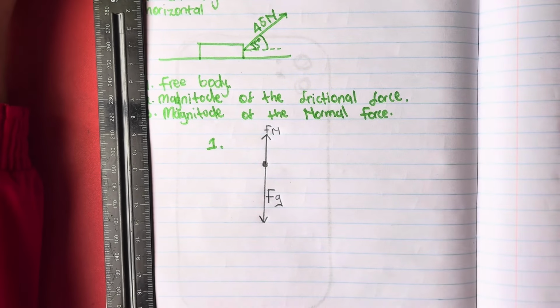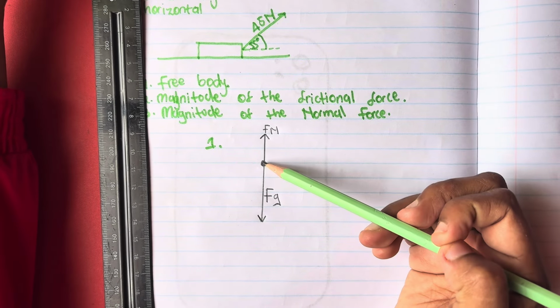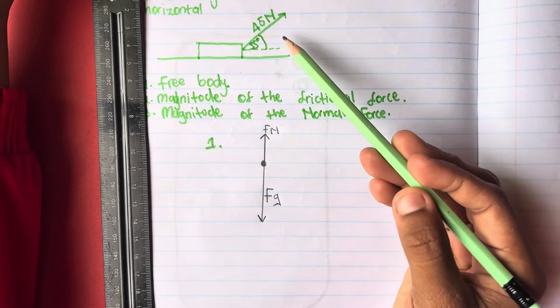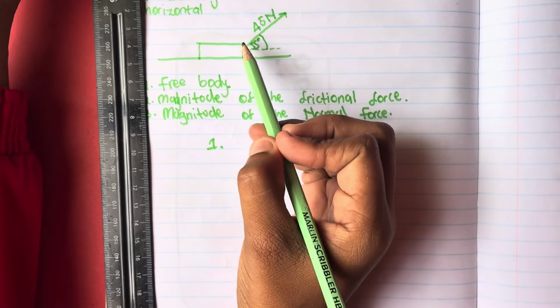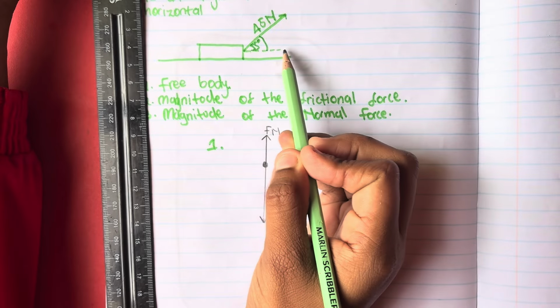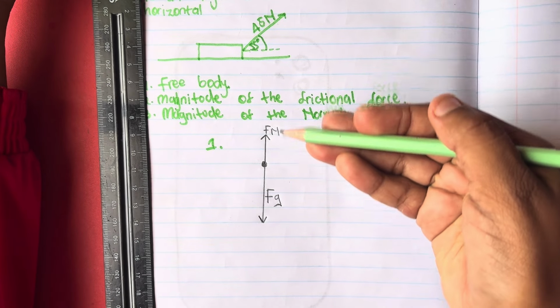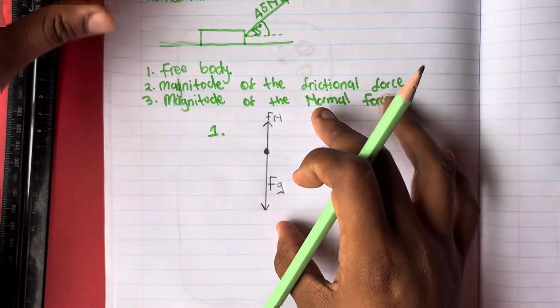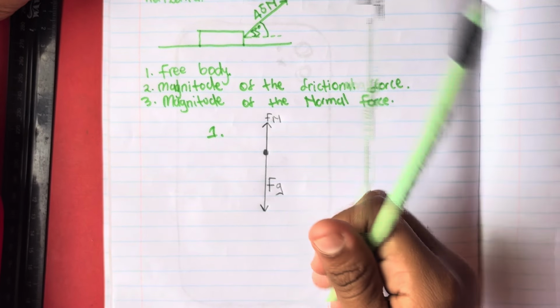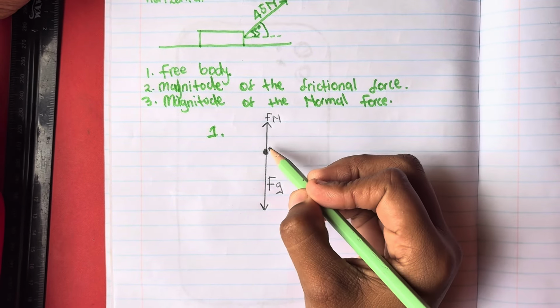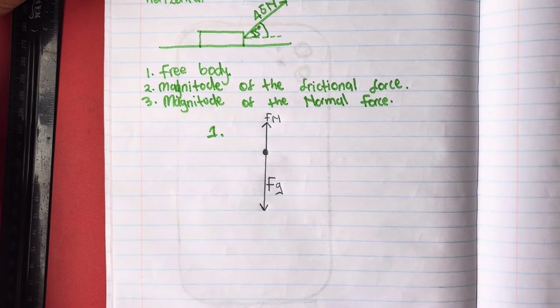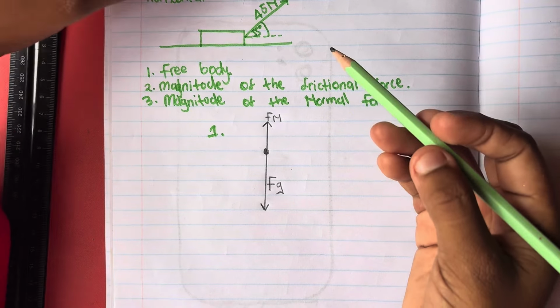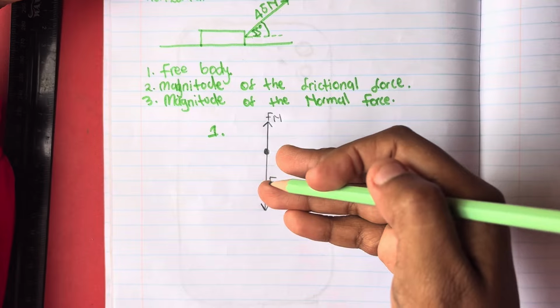But look at this force applied. One thing that students normally do when they're drawing the free body diagram, which is incorrect, is try to break this force into its y component and its x component and redraw it in its component form, which is very incorrect. When you're given a force applied like this, we instruct students to take it directly as it is and draw it over here.